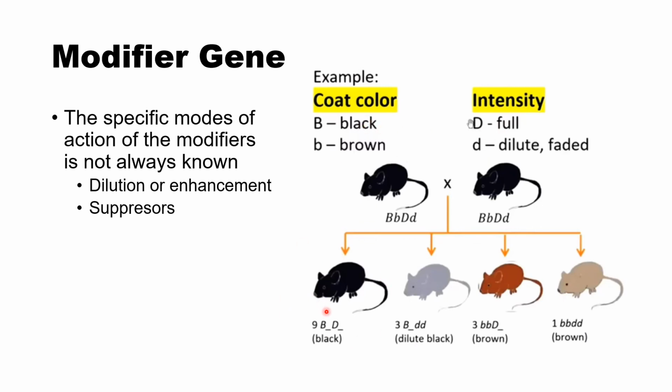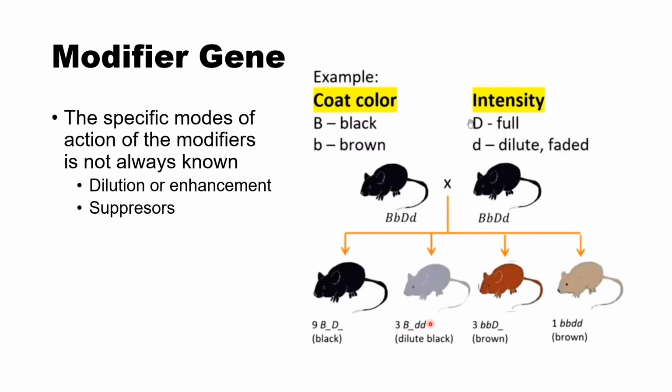So, yan, parang ganyan. Now, dito sa iba, sa another one, may nakita kang tatlong mice na yung color is black, may dominant D, and then meron kang recessive D.